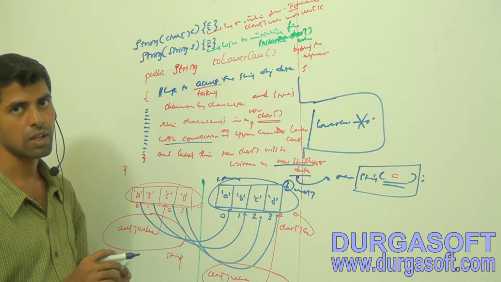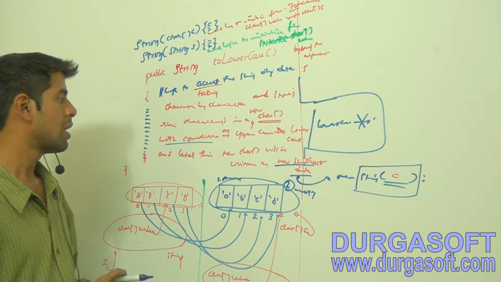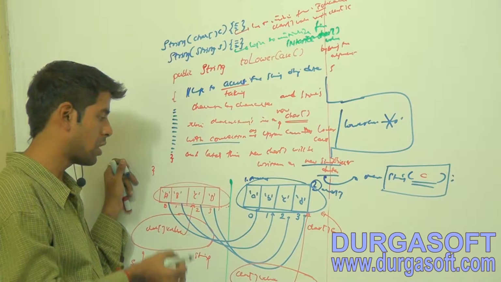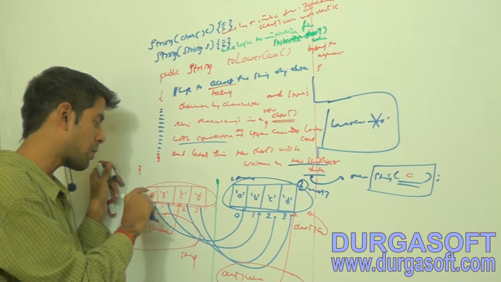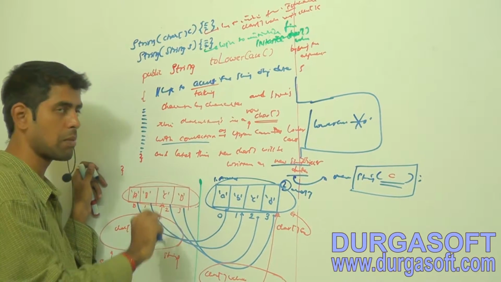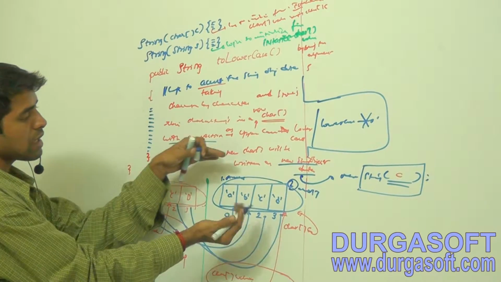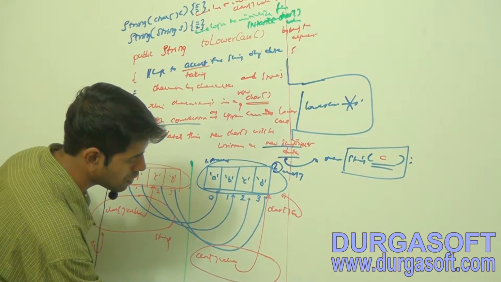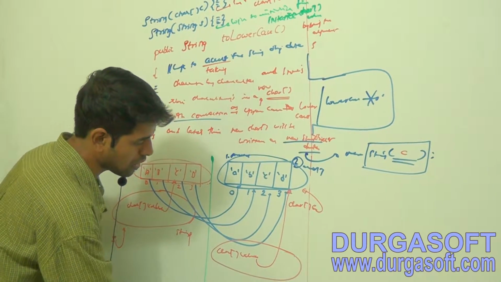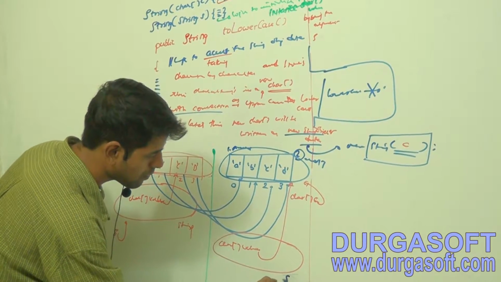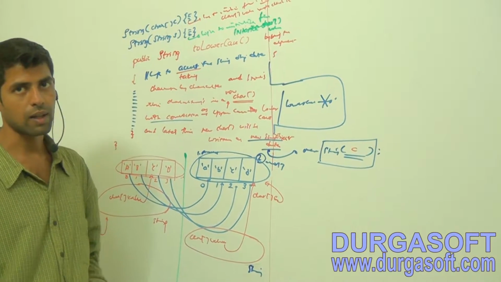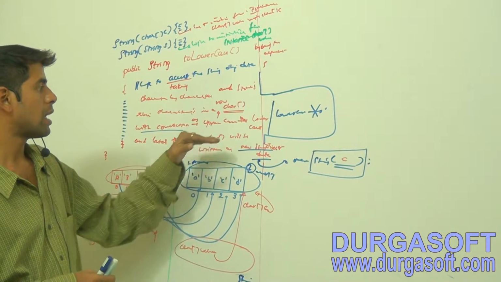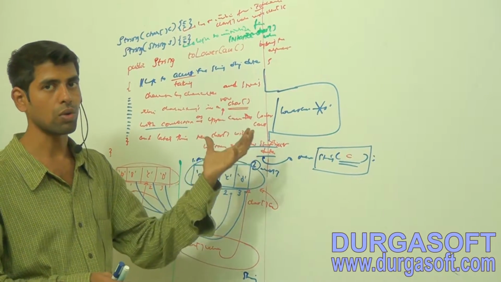How to convert that one? Simple thing, I will tell, wait. Later, after doing all conversions from the 0th index to the last block, I will put this char array as data within the string object, friends. Simple thing. But before that, how to convert uppercase alphabets to lower case?